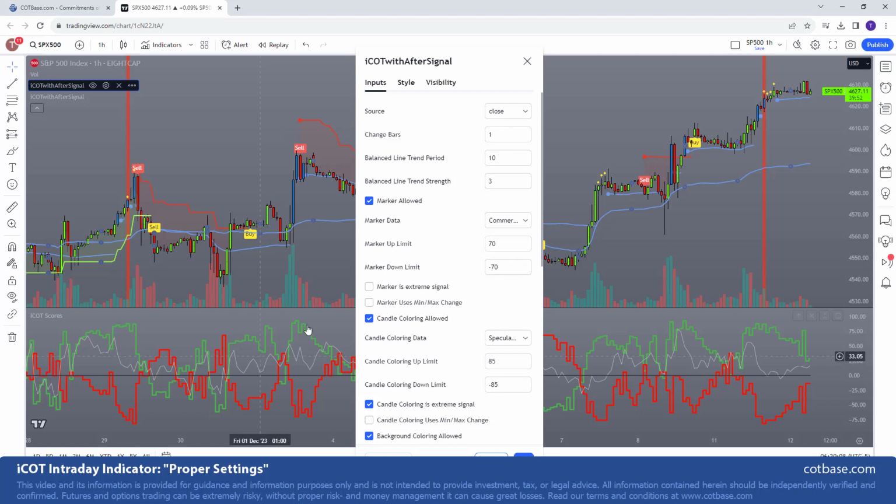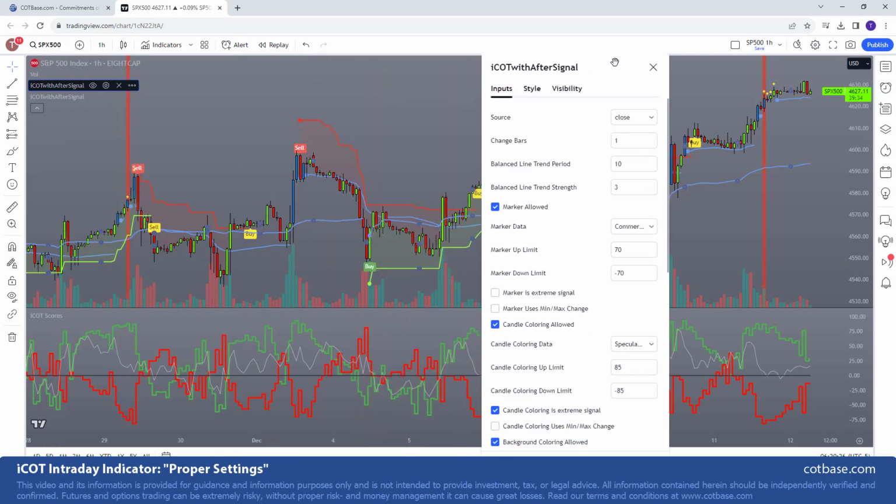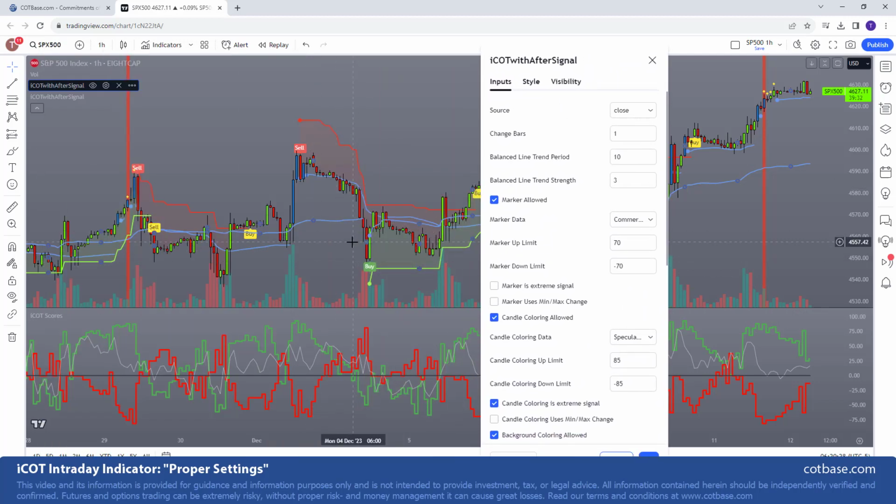These are the default settings. So marker is what the red line will give you. The yellow diamonds on the charts, you can see the bearish signals above the candles and the bullish underneath the candles. Those signals appear when the red line, call them commercials, reaches that limit.